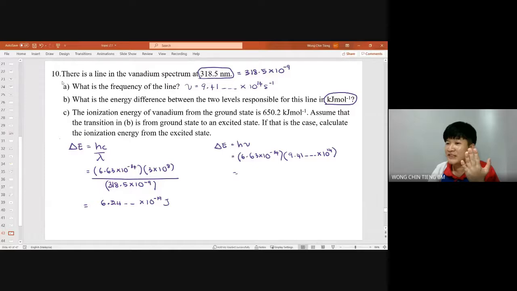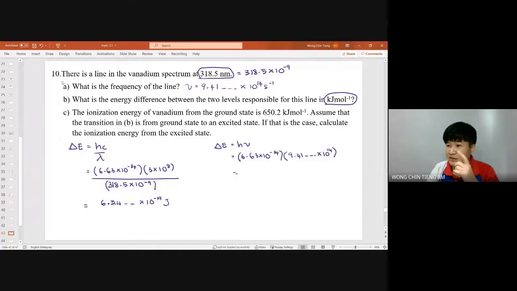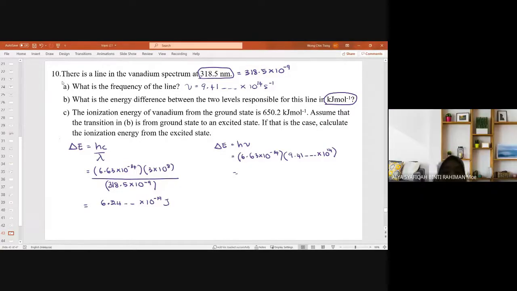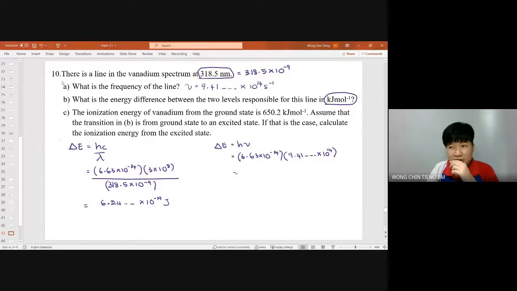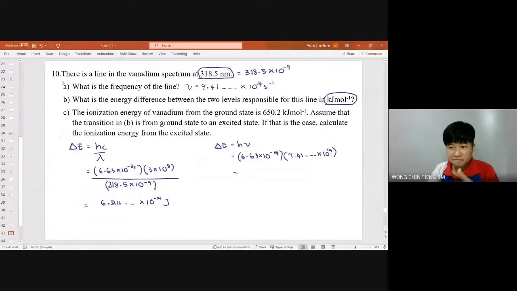Back 50-50. Positive. Positive. Positive. Who says positive? Alia? Positive. Positive. More? Negative. Izzati says negative. More? Aina? Positive. Positive. Iman?